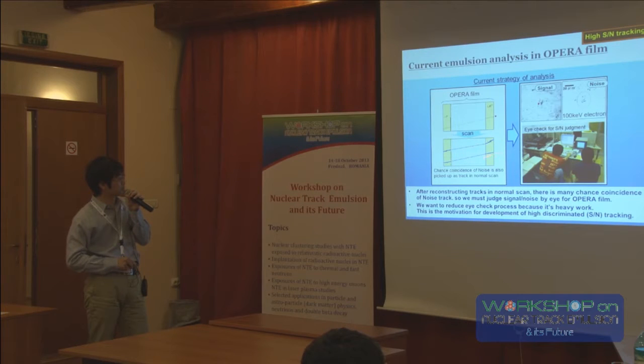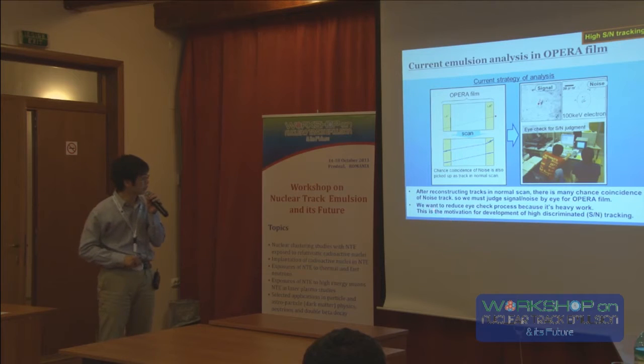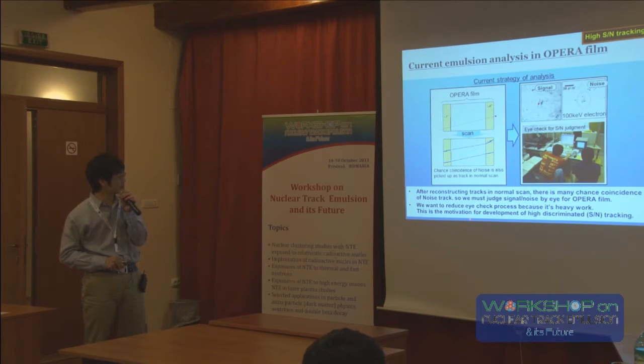After that, we must judge signal and noise by eye check, manually. We want to reduce the eye check process because it is very heavy work. This is the motivation for development of high S/N tracking.